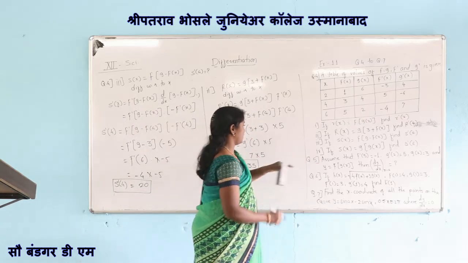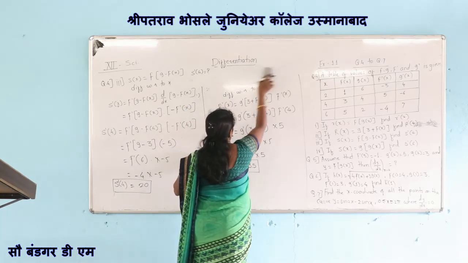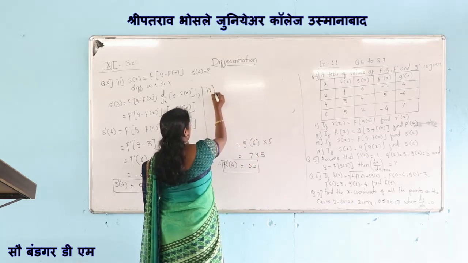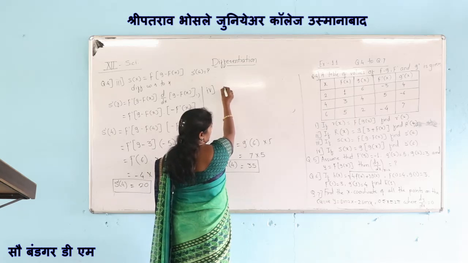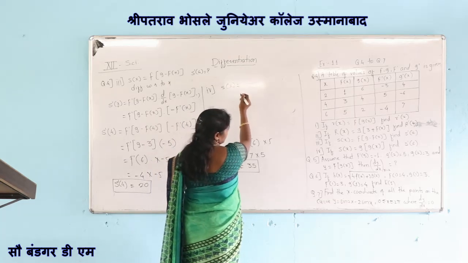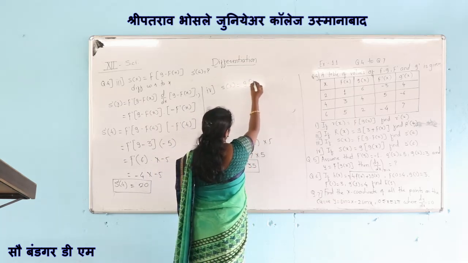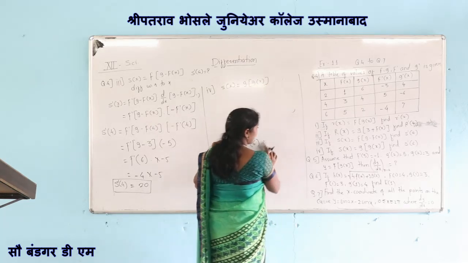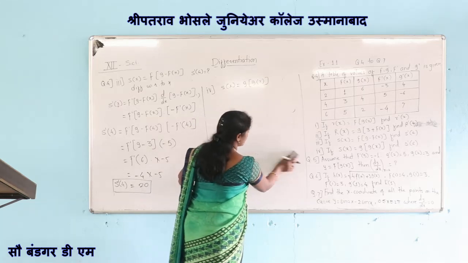Now the fourth question. For the fourth, it is given that s of x is equal to g of g of x. We have to find s dash of 6.